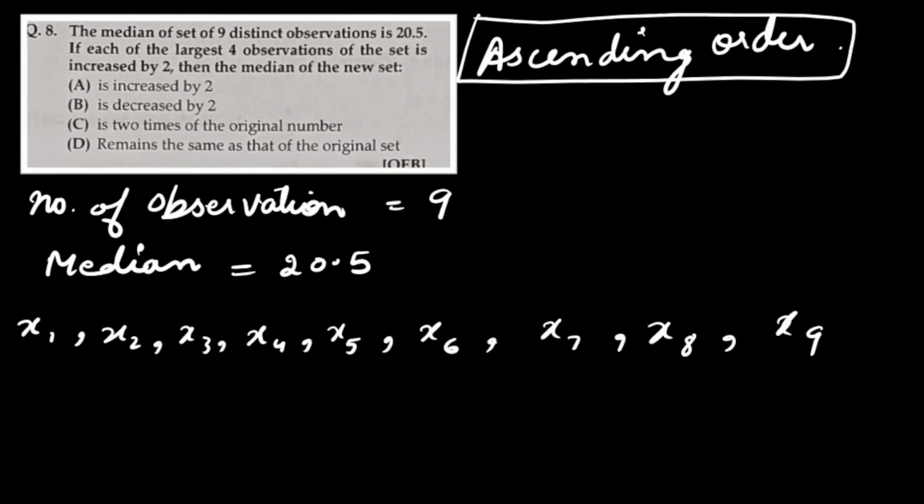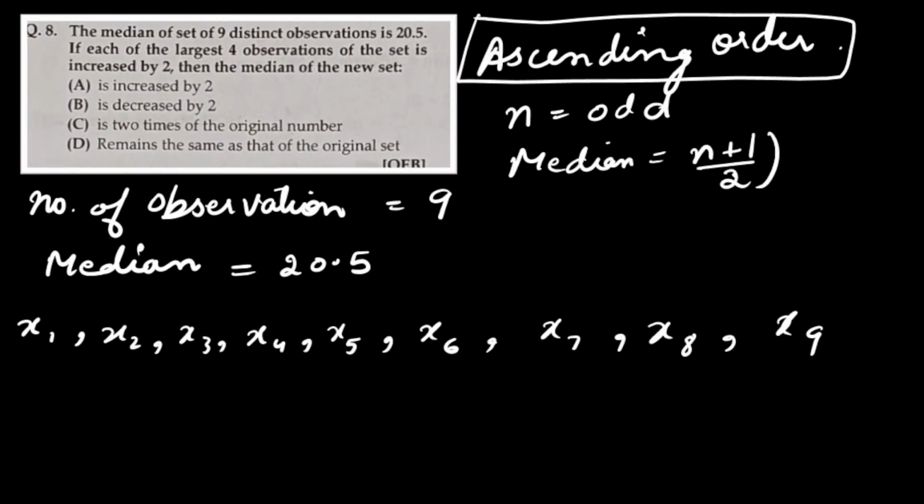Whenever we are finding median, this is for ungrouped data, especially for MCQ type questions, when the number of terms is odd, like in this case, the median will be the (n plus 1) by 2 th term.